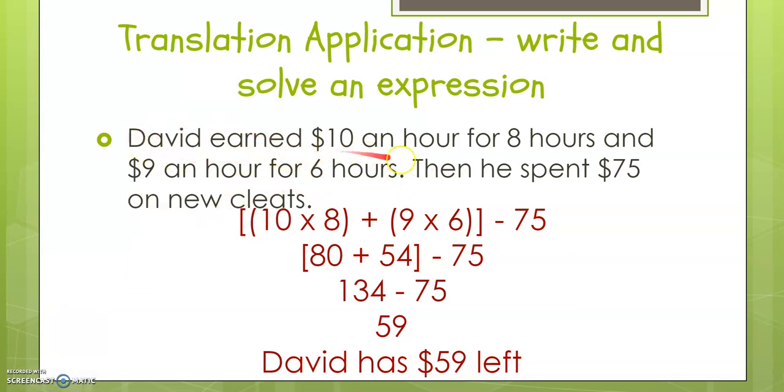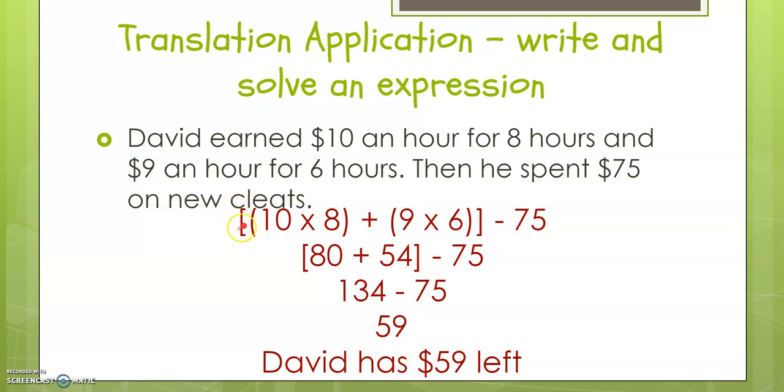So David earned $10 an hour for 8 hours. Well, I need to know how much he made during this time. And $9 for 6 hours. Then he spent $75 on new cleats. So I need to really find out how much he earned first before he spent his money.